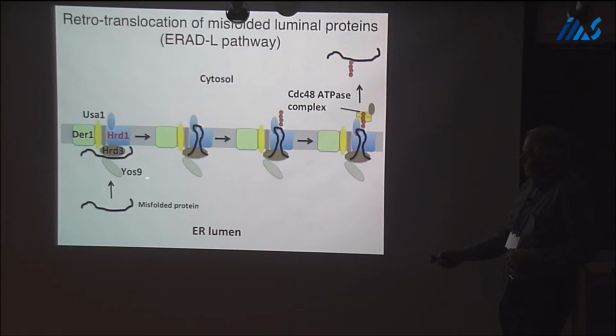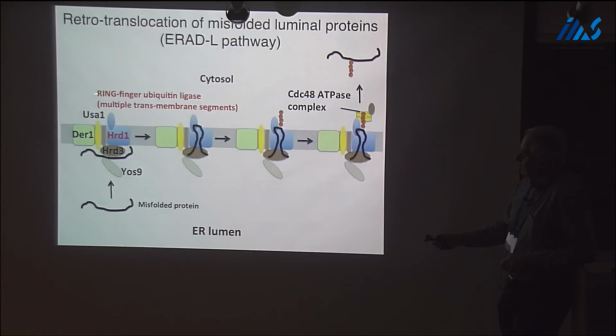One of these proteins, YOS9, is a soluble protein, a luminal protein, but the rest of these proteins are all integral membrane proteins. And the most important protein of this assembly here, we call it the HRD1 complex, is in fact the HRD1 protein. This is the ubiquitin ligase.